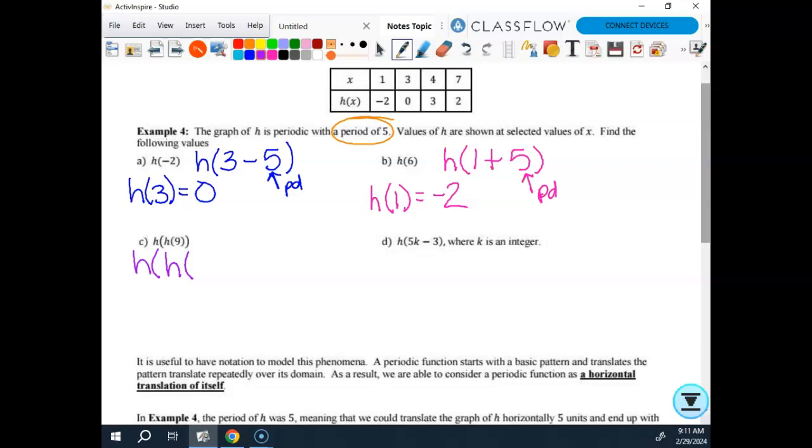How can I rewrite the 9? 4 plus 5. Okay, good. 4 plus 5. That's the period. So that means that's the same as h of 4. h of 4 is something I can figure out. That's 3. So then I have h of 3. Do I need to rewrite that? I don't, because it's up there, right? If it wasn't up there, I'd need to rewrite it, but I don't need to rewrite it. Everybody okay with that? Any questions?